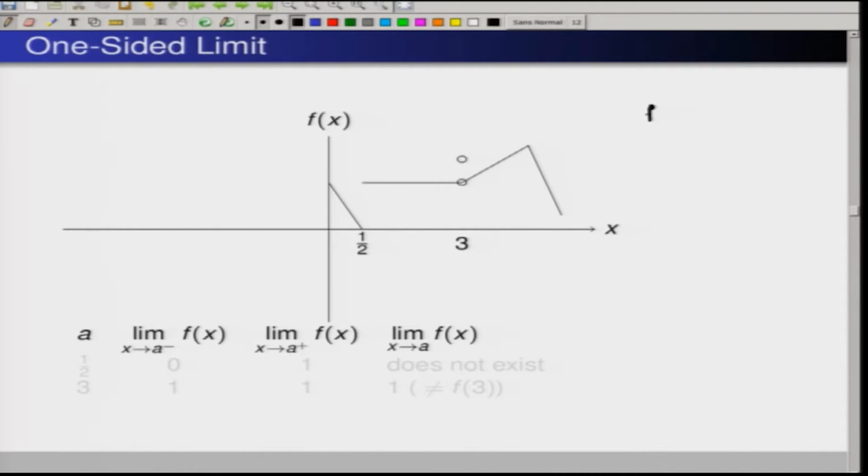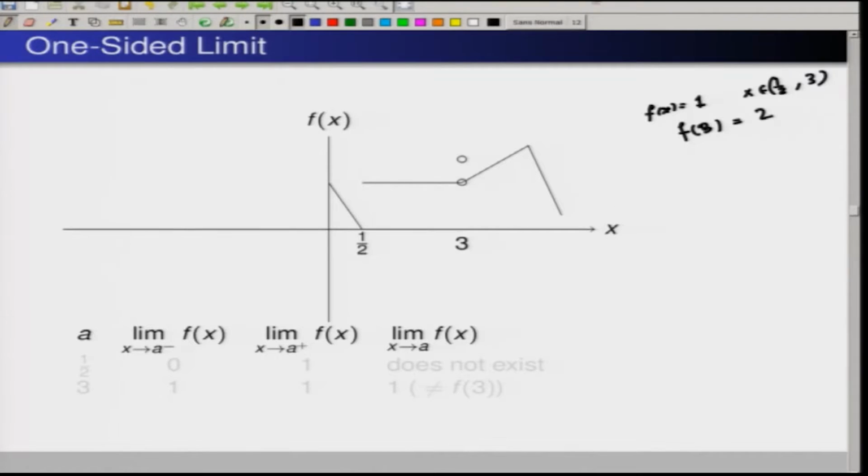Which means f of x is equal to 1 when x belongs to the half open interval, 3 open, and then f of 3 we are defining, let us say, some value, let us say 2.